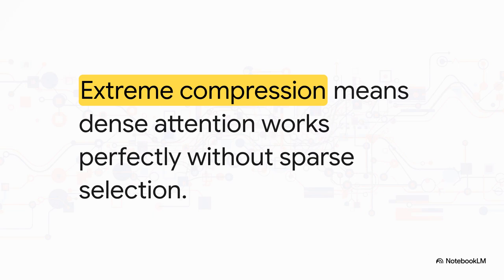Because this compression is just so extreme, the KV cache footprint shrinks to the point where standard dense attention actually becomes computationally cheap again. We don't even need that sparse indexer here. The data footprint is so small that the model can afford to just look at everything all at once to quickly build broad global summaries.